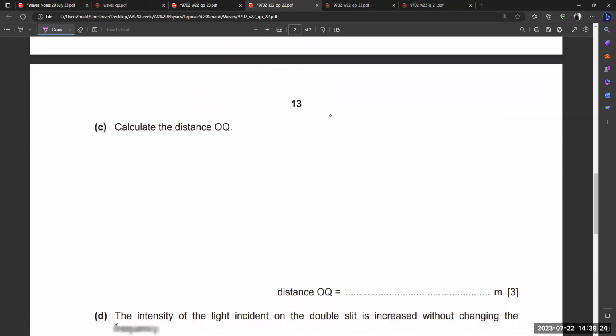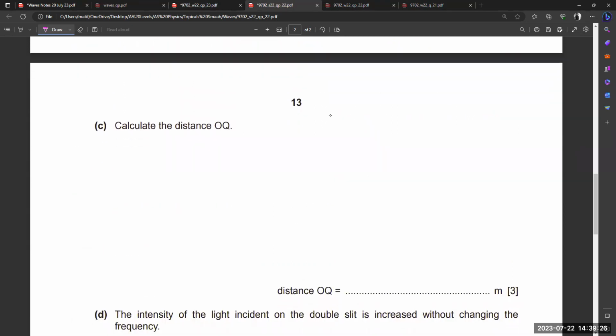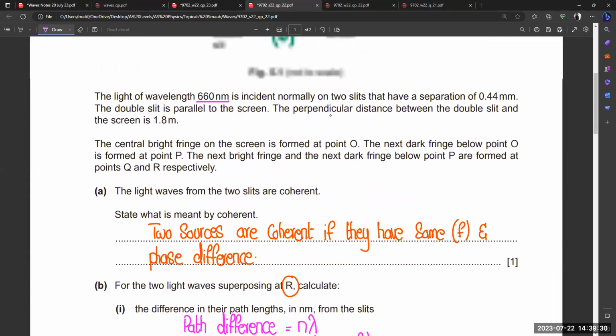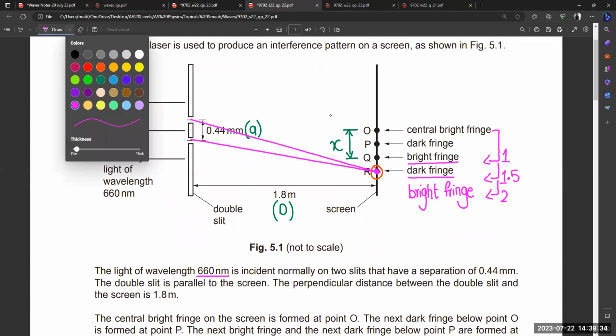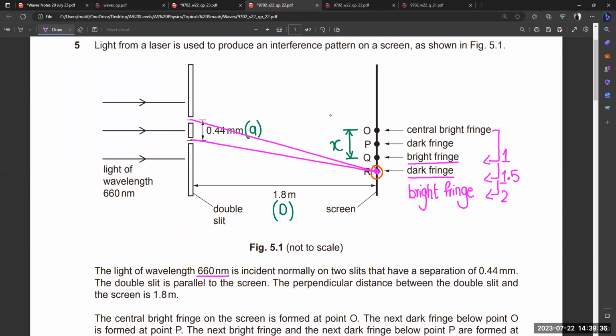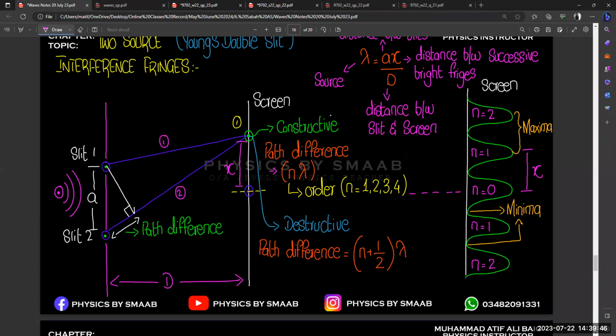Okay. And the next part is to calculate the distance OQ. In the question, O is the central bright fringe and Q is the first bright fringe. Actually, it is equal to X. Now you simply need to use the formula of the Young double slit experiment, because we need to find what?